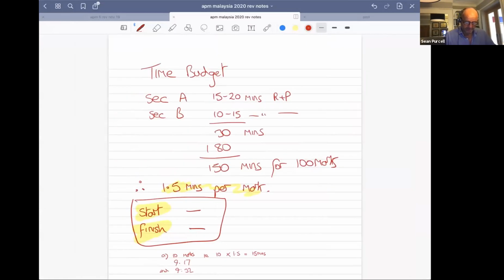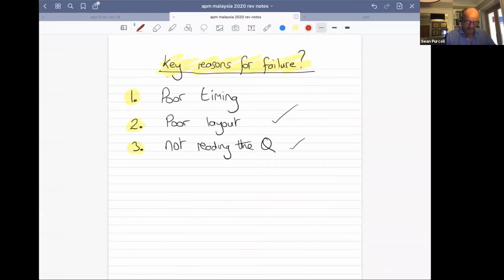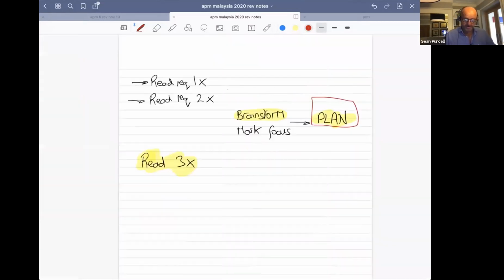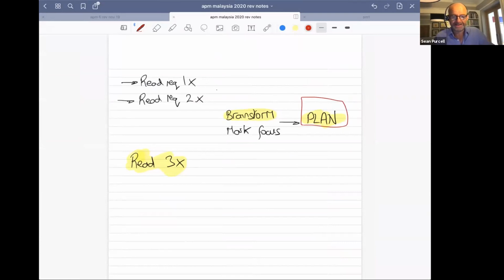Just another little tip as well as time management, not reading the question. You have to appreciate that in an exam, you are going to be a bit nervous. The result of being a bit nervous is you're going to have endorphins in your body, and you're going to have cortisol in your body, which is more of a stress chemical. And that can hijack some of your brain a little bit and maybe create tunnel vision in your reading.